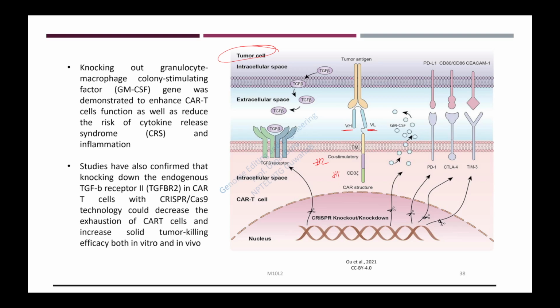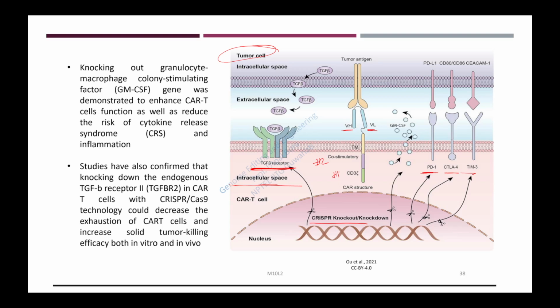It can directly recognize the tumor antigen of the tumor cell. Okay, and this is the intracellular TGF beta, the TCR receptors, which can be knocked out using the CRISPR technology, and also these particular receptors which show an inhibitory effect.